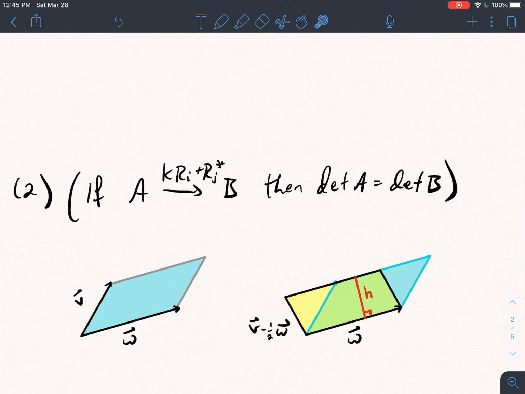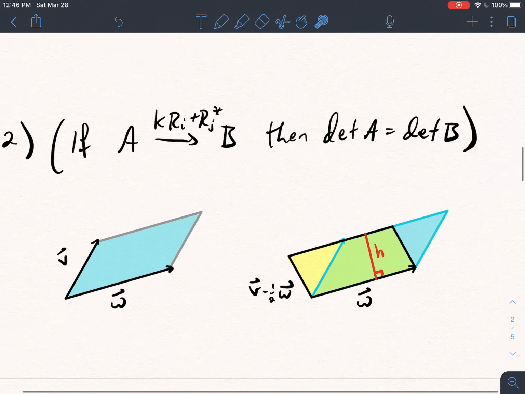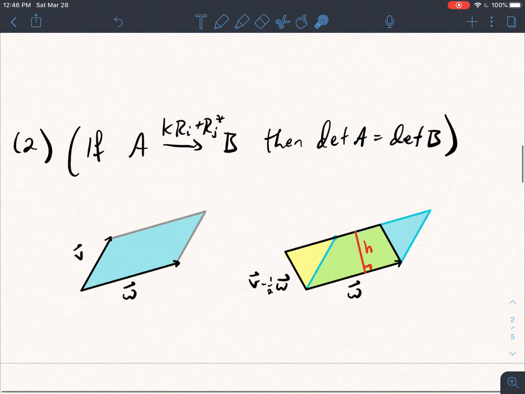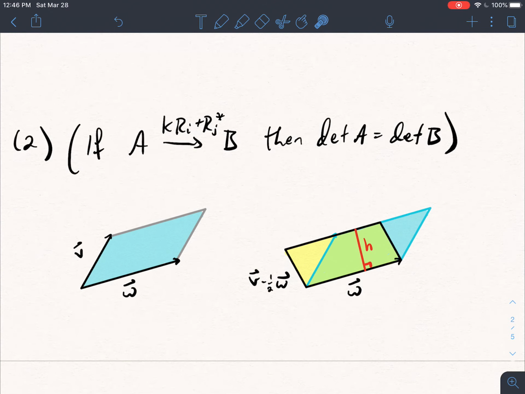Here's a two-dimensional picture of what's going on here. Starting with v and w, I'm replacing v with v plus a scalar multiple of w. Here I'm subtracting half of w, so what do I get? Here is v.